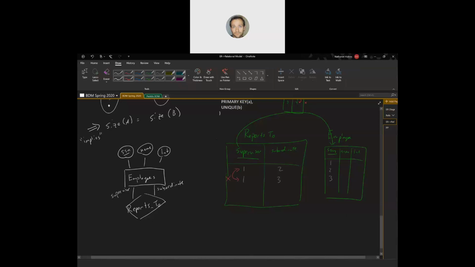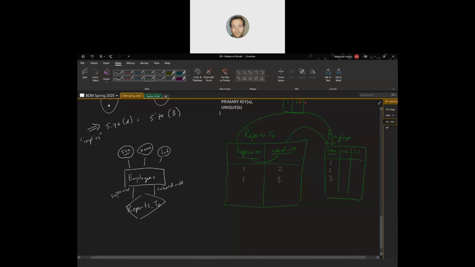Oh wait, can we make it a composite key then? Yes. So again, I'll capture the composite key by kind of connecting them here. Okay? And yeah, that's it. Oh, not quite, sorry. The subordinate also needs to be a foreign key.